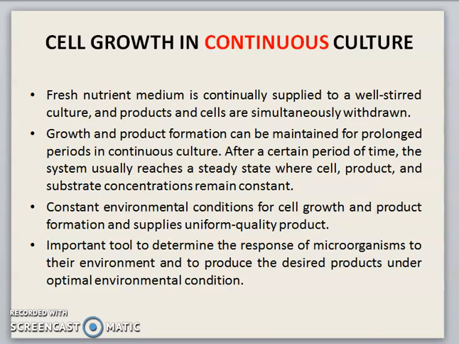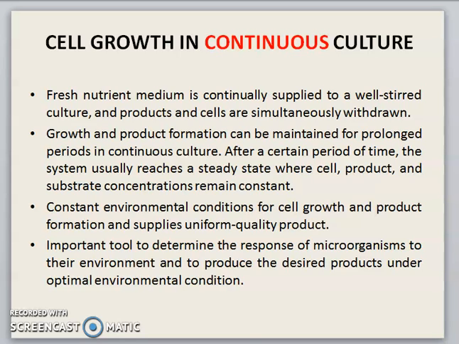In the batch culture, growth, product formation and substrate utilization terminate after a certain time interval, meaning that at the end of the fermentation. Whereas in the continuous culture, fresh nutrient medium is continually supplied to a well-stirred culture and product and cells are simultaneously withdrawn.